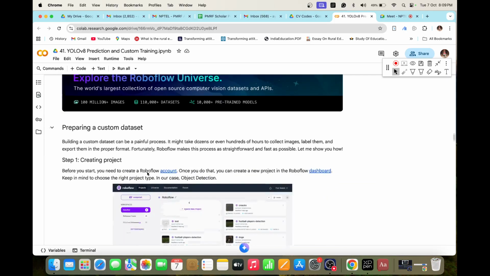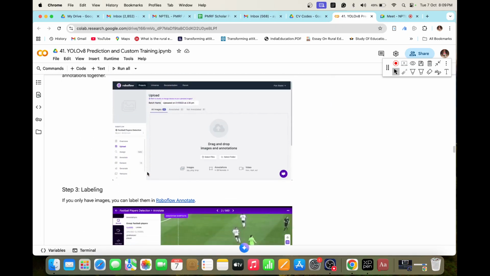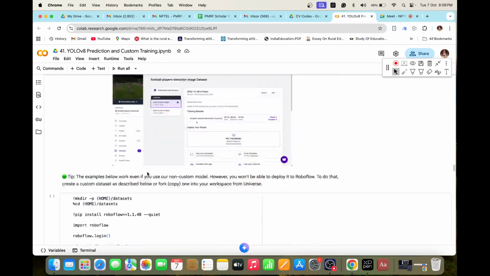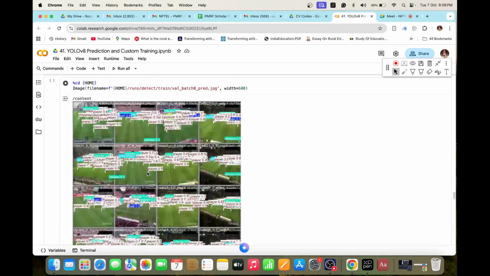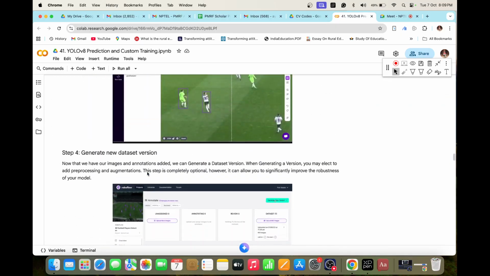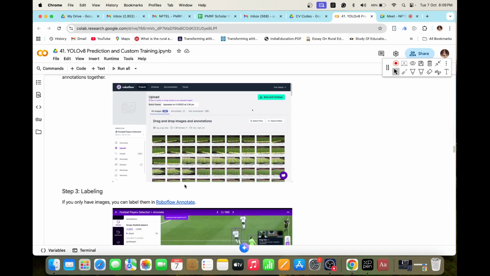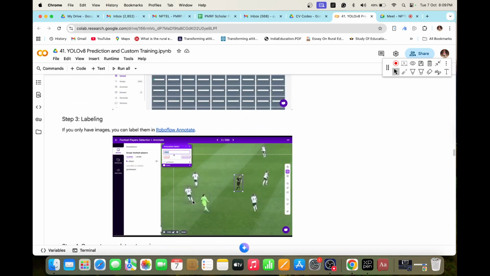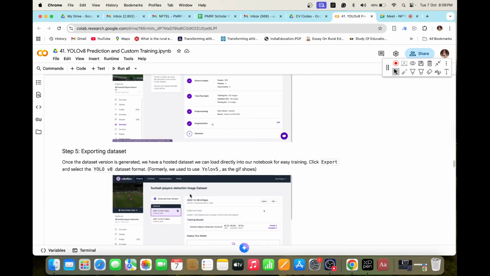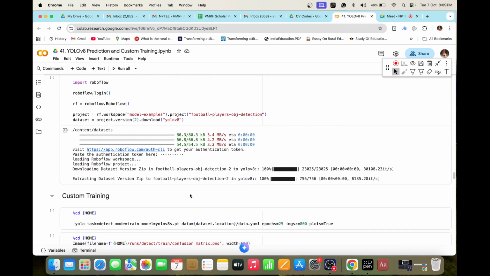But you can also do custom training. Every method is there, such as the Roboflow Universe. In this code, the data set has been developed for football players. This data set has been used for custom training. We already have the pre-trained model, but now we apply transfer learning.